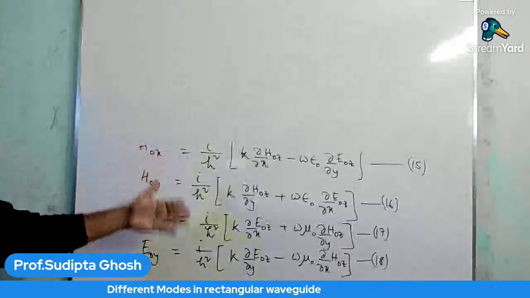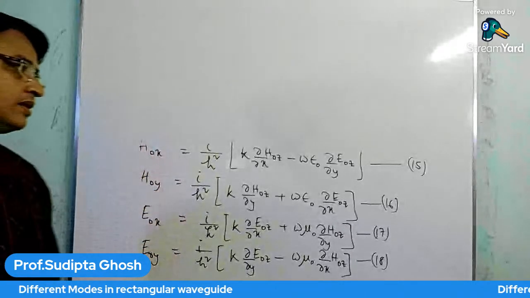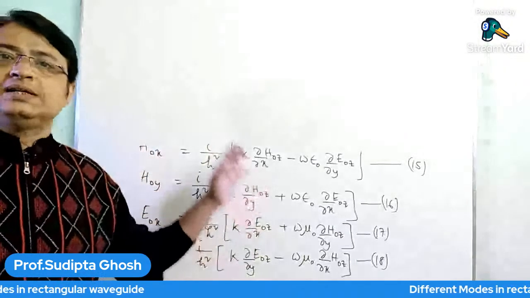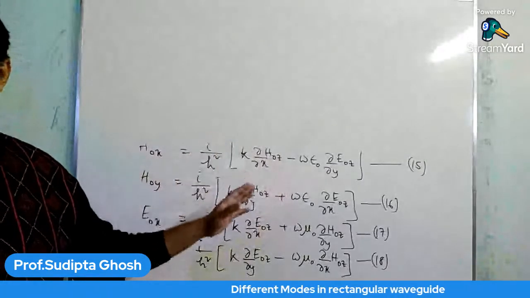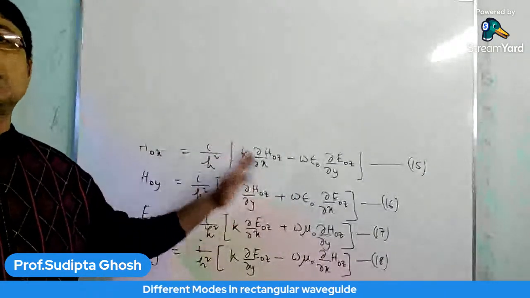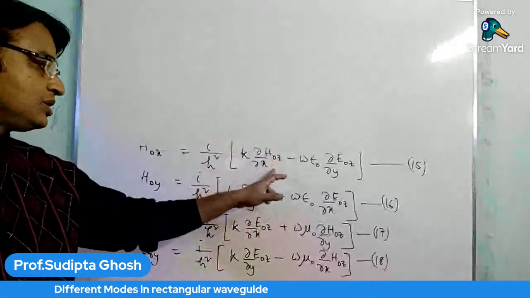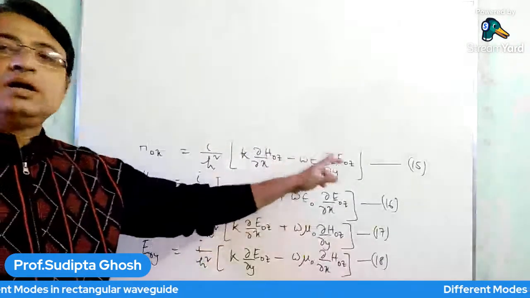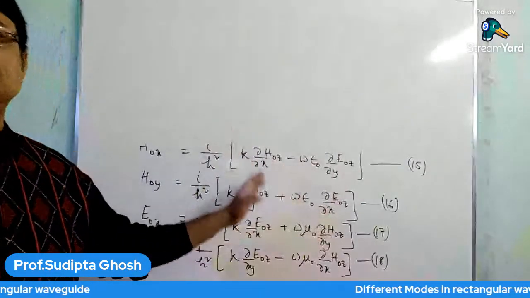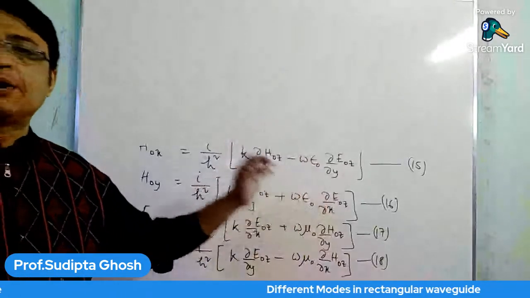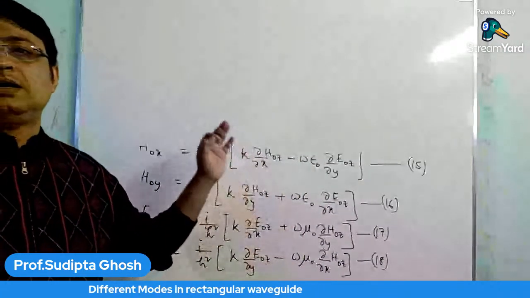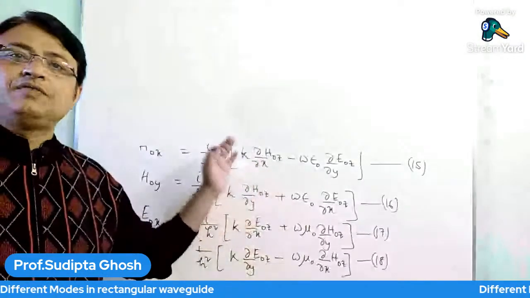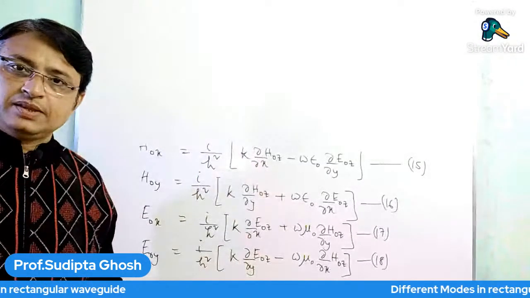As you can see from these four equations, in every equation on the right hand side, we have the longitudinal components, that is HOZ or EOZ. So HOZ and EOZ are the only ones present on the right hand side of each of these equations.